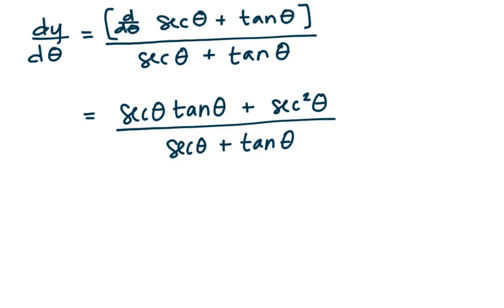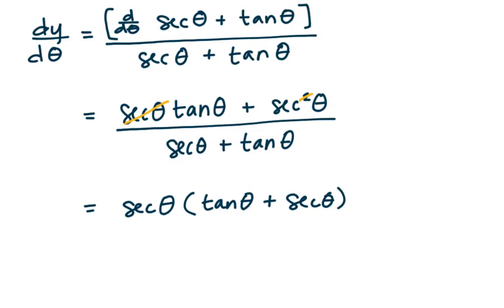So we have finished taking the derivative, but we do need to factor out that GCF in the numerator. I have a secant in each term, so I can factor that out. That's secant theta times tangent theta plus secant theta, over secant theta plus tangent theta.